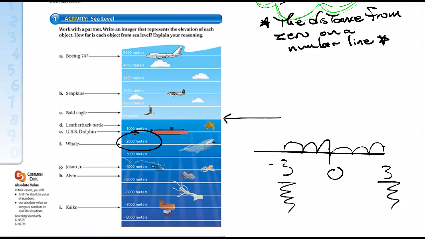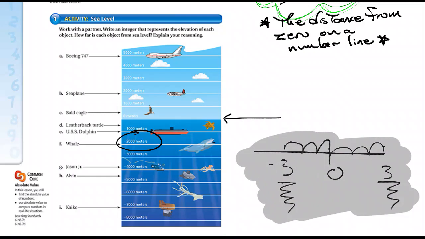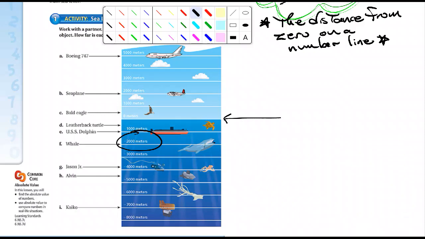Does anybody not understand the point I'm trying to make with absolute value? Don't be bashful. Raise your hand if you're still not sure what I'm talking about. Okay. If you understand what I'm saying, then you're going to understand this. No matter what the number is, the absolute value is always positive. Let me say it again.